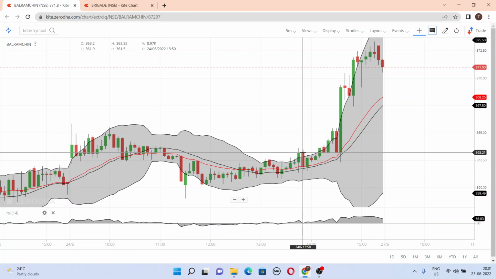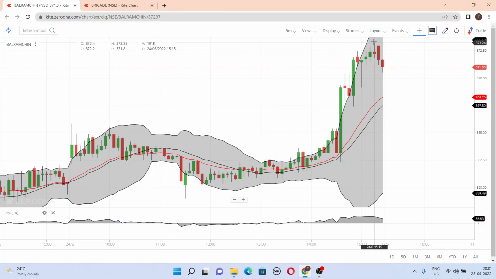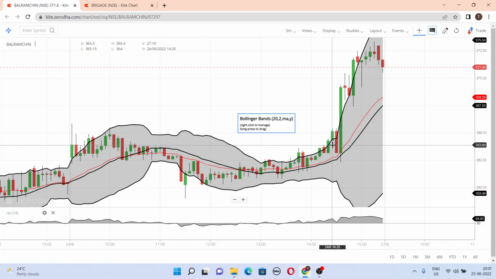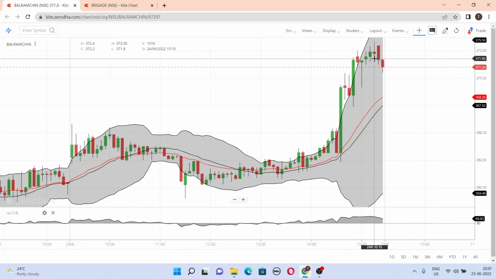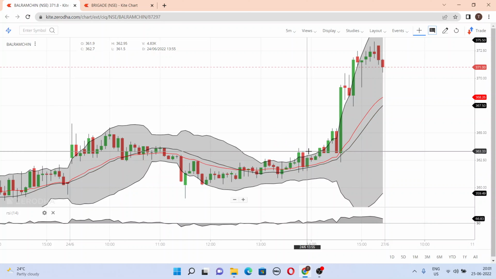So now this is going to be my long entry here, and as you can see, Balrampur Chini made a high of almost 373 from 363, which is nearly 3% returns, with a stop loss of less than a percent, right? So very good risk reward ratio, and generally after a prolonged period of squeeze, the movements are going to be extremely huge.